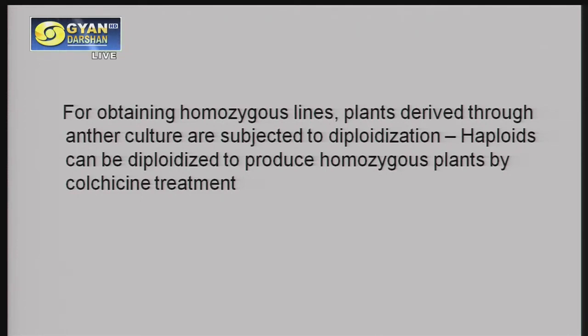So you see, we have gone through different techniques. We have gone through organogenesis, protoplast fusion, and anther culture. There are so many things. You can get callus formation also.